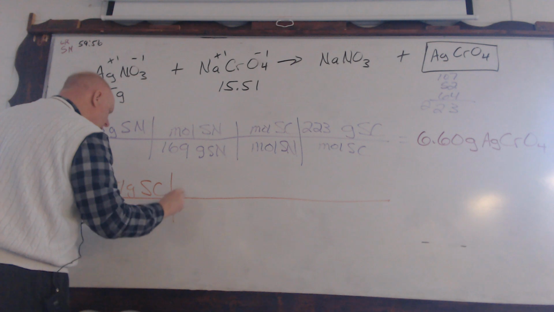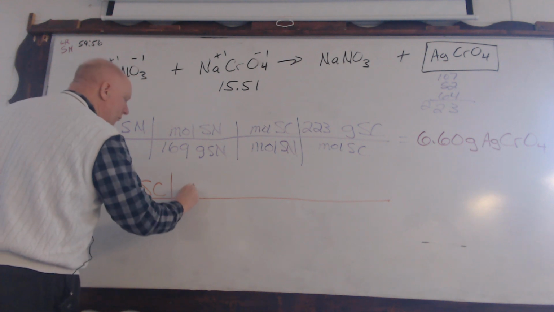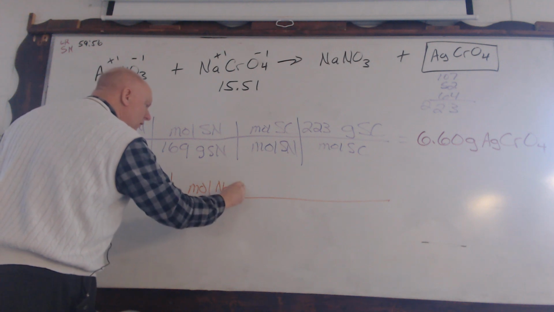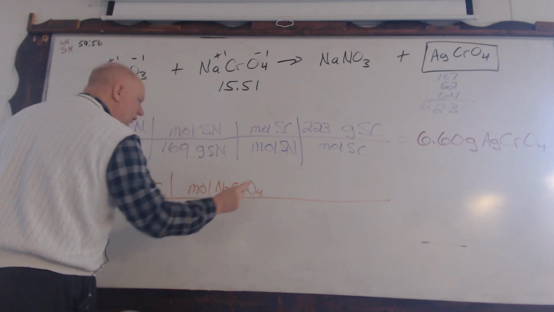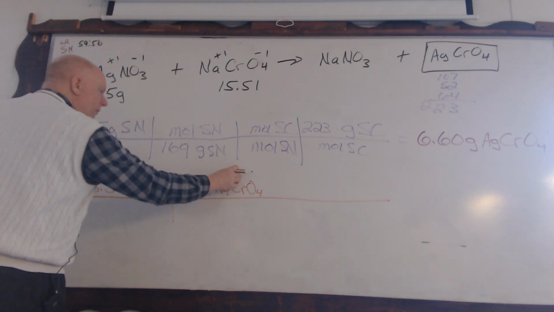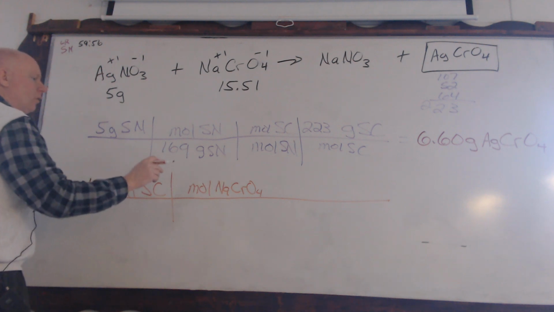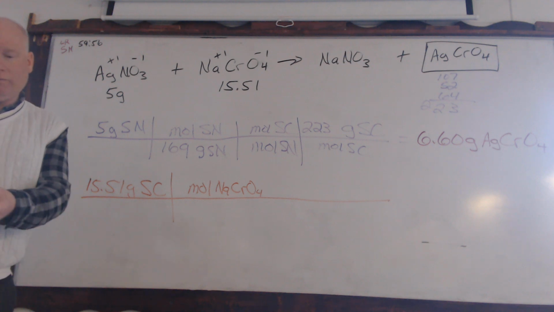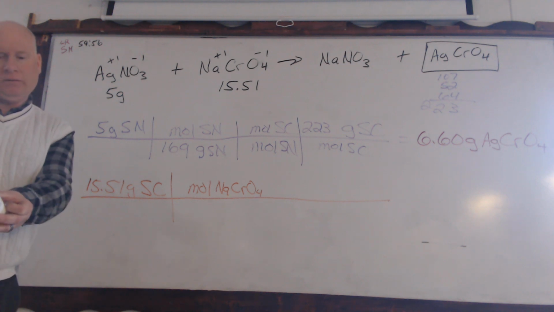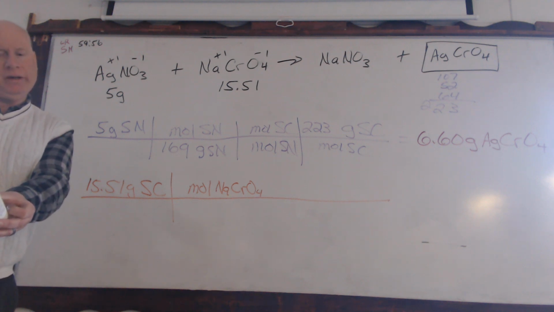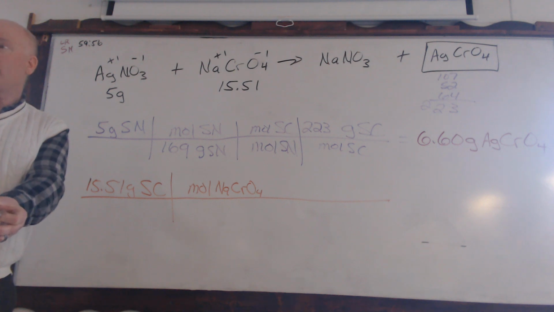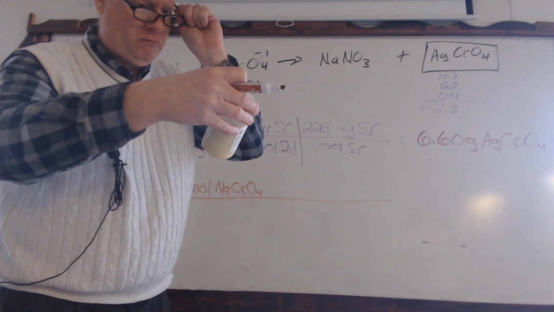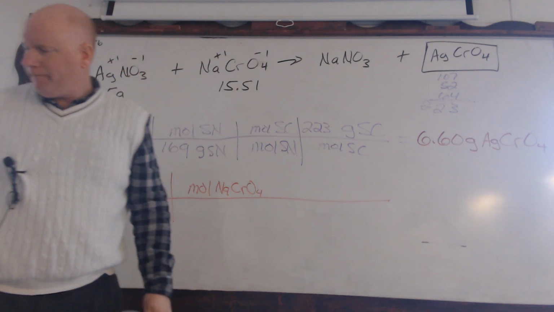Then for every mole of, I'll go ahead and write that out so those of us tuning in a little later know we've got sodium chromate here, not silver chromate. So sodium chromate, and that value was 161.